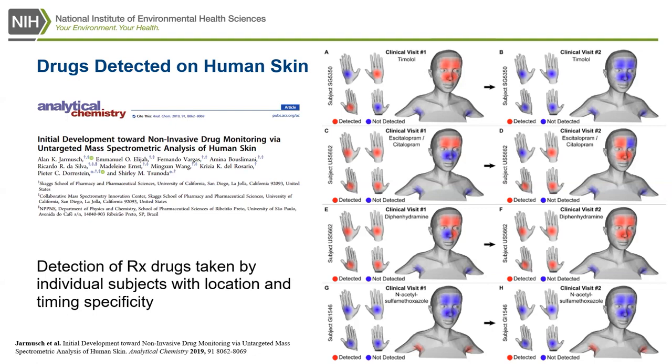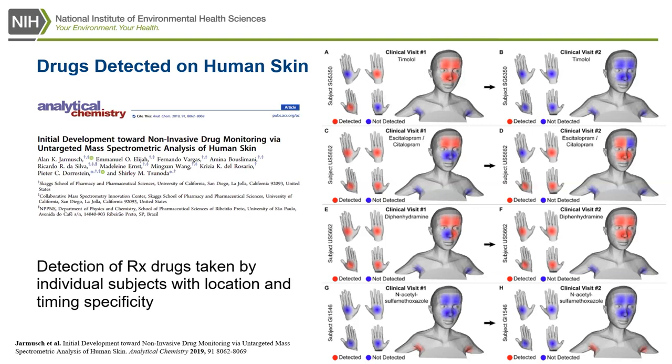The general observation of the study, again, these are sometimes only one or two people, so hard to generalize to a general population. But because we have prescription history and multiple visits, we could tie it together: the people taking sulfamethoxazole were the only ones detecting the metabolite in the armpit.